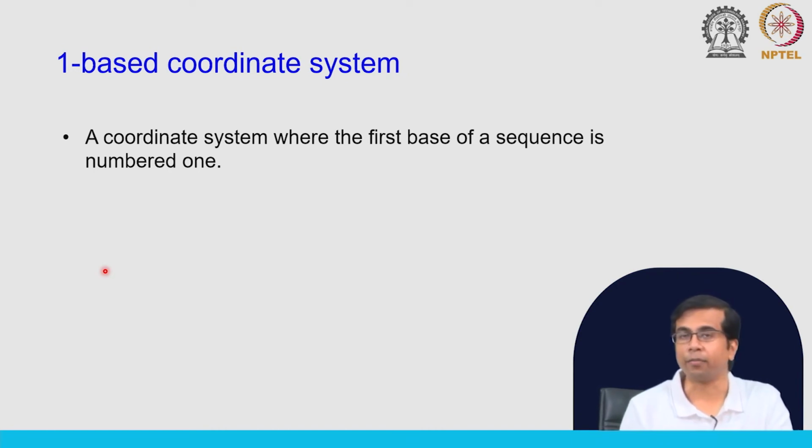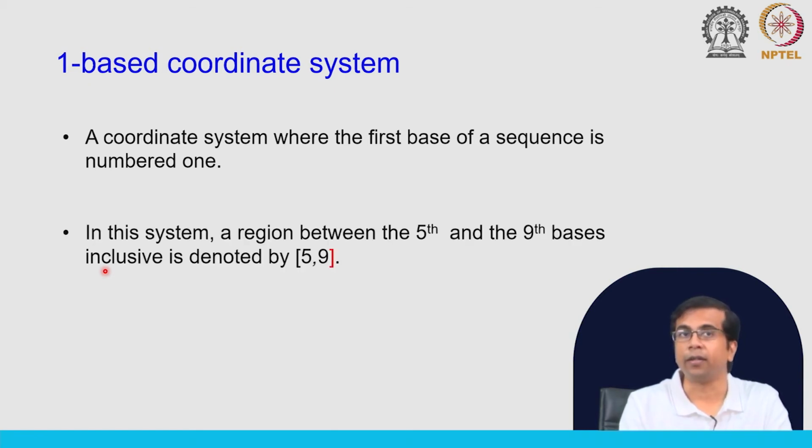So, this is a coordinate system where the first base is numbered 1, and if you are working with this kind of one-based system, it will be denoted by closed brackets. For example, if you have a region between the 5th and 9th base inclusive, this will be denoted by [5, 9] with a closed bracket. Notice this, because in the case of the 0-based coordinate system, this will not be closed; it will be a different sign.